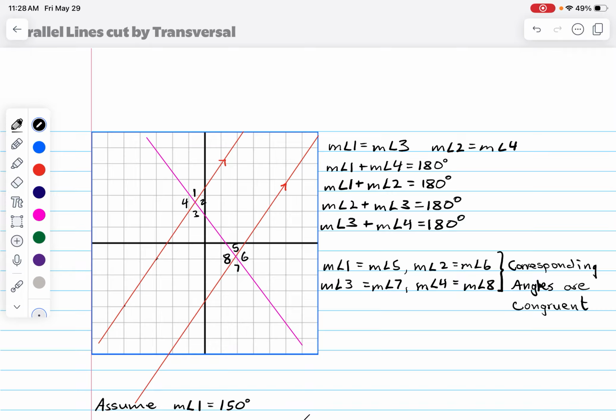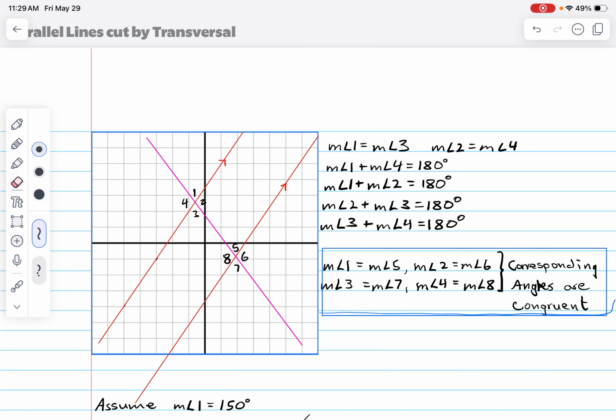And I'll put a little square around that to help us. Whoops, that's not a square. Let me see here. There we go. That's a little better. So corresponding angles are congruent.